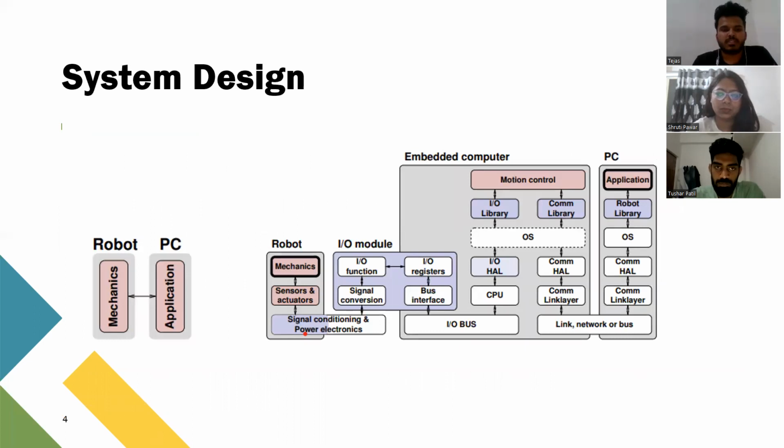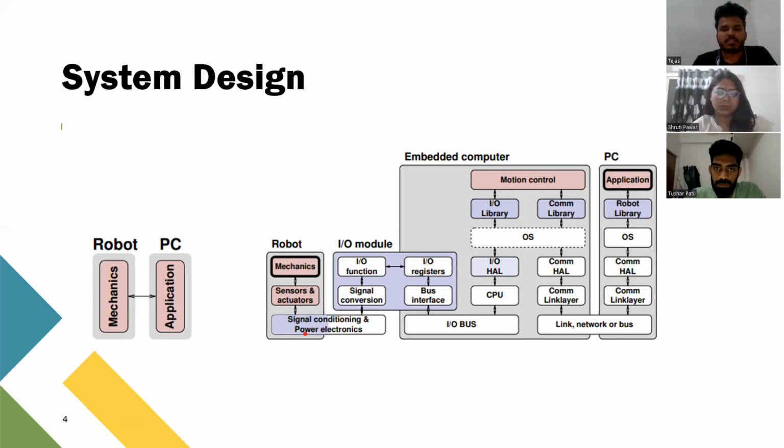On the left side, you can see that robot and PCs are there, wherein the robot contains the mechanics part and the PC has the application. On the right side, it is broadly explained that it has four main components: the robot, the input-output module, the embedded computer, and the PC.